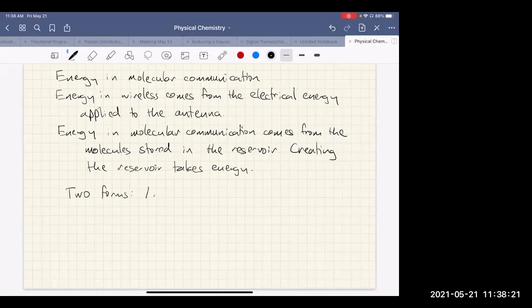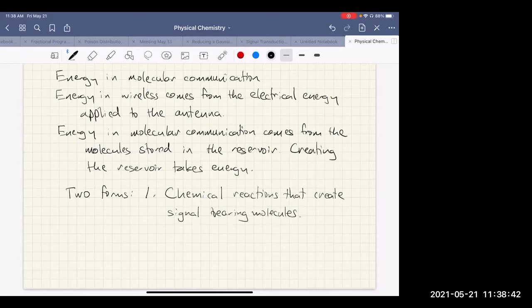One is chemical reactions that create signal-bearing molecules. What do I mean by that?